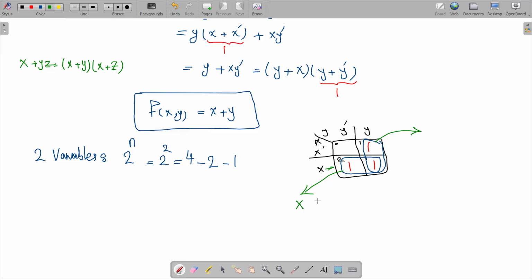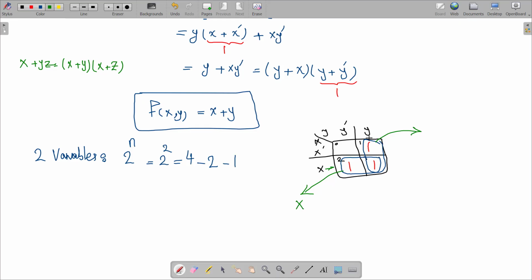So this group is finished. Now let's write the other group. Let's first write the corresponding terms, then we add both of them.